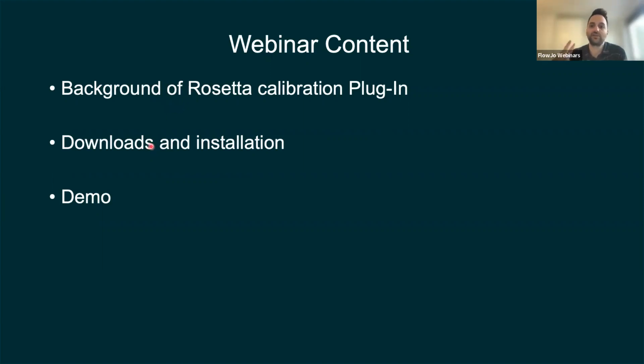It needs two separate installations: the plugin and also another software, the Rosetta calibration software developed by the Xometry company, that will be needed in order to run this plugin. And then we're going to see how it all works out in Flojo.